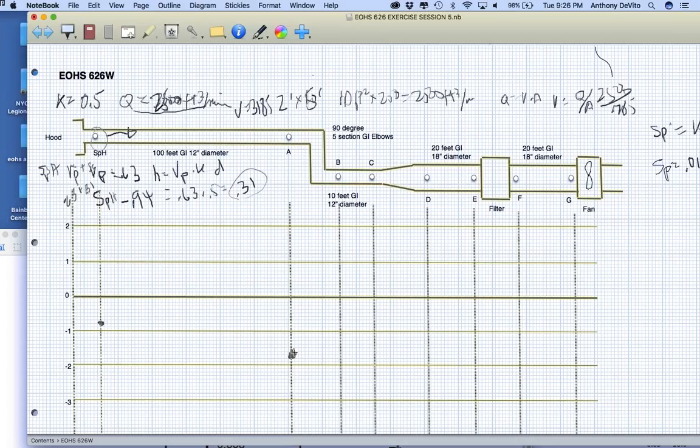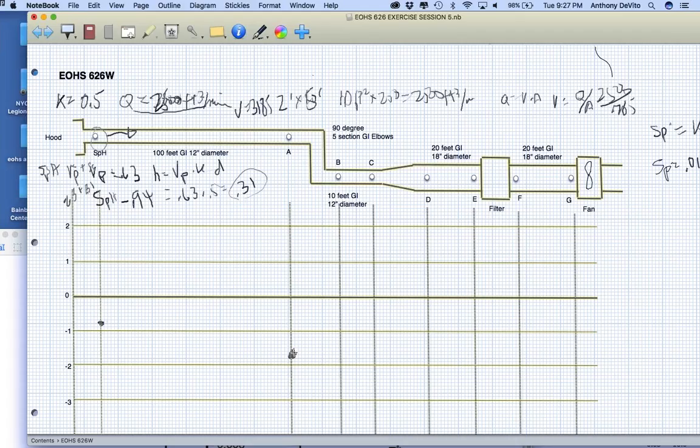I'm lost. Let's do the first step again. Over here, we calculated that the static head pressure is equal to the velocity pressure plus the hood entry loss. The velocity pressure turned out to be 0.63, which we got from changing velocity. The hood entry loss, the amount of suction that we lose getting to that point, is equal to the velocity pressure times the K factor for the hood.